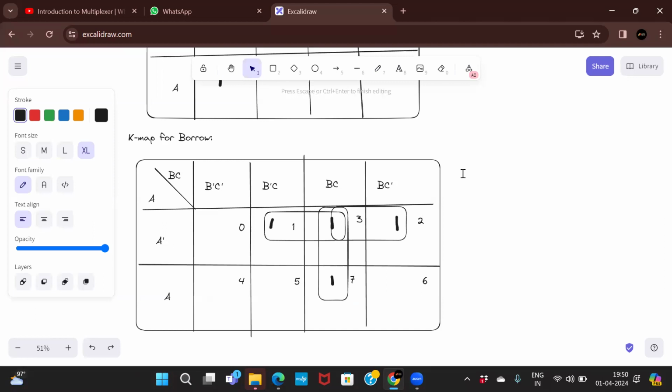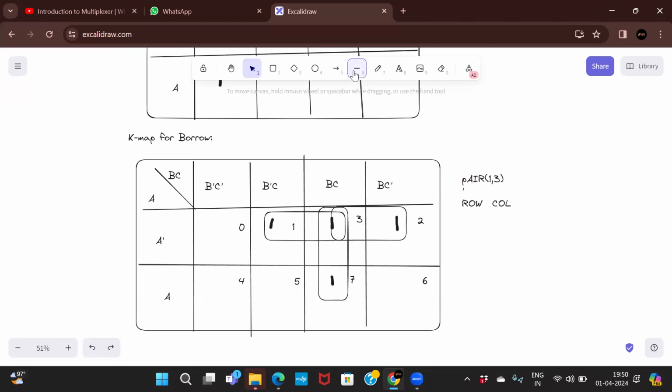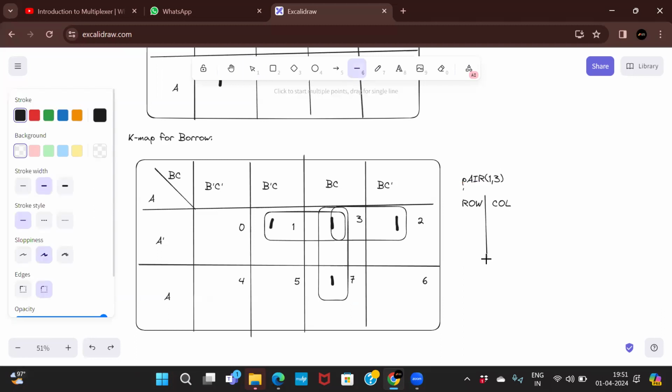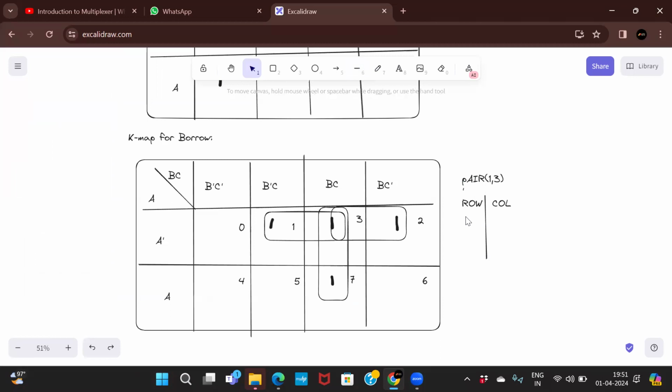Now just do one by one. I'm doing pair 1 comma 3. Row and column, just consider. How many rows do we have for 1 comma 3? Only one, that is A bar.